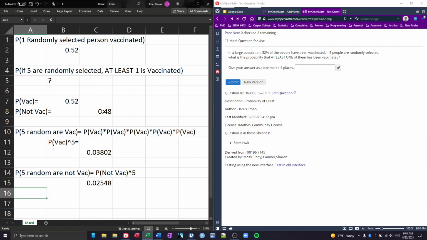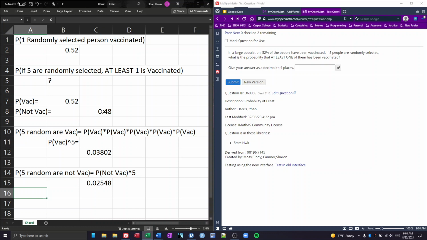So we have 5 randomly selected, all 5 of them are vaccinated. That's like 3%. We have probability of 5 random are not vaccinated, and we've got 2%. But our question is, if 5 randomly selected, what's the probability that at least one of them is vaccinated? Okay, well, we're not there yet, but we're on the right track.